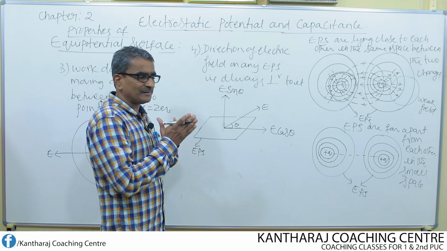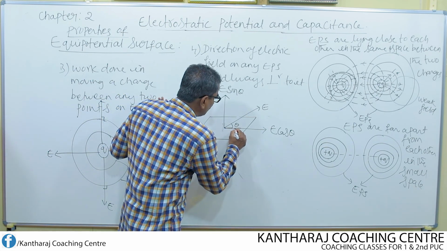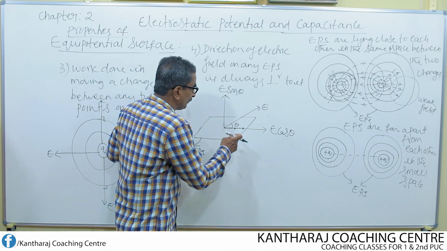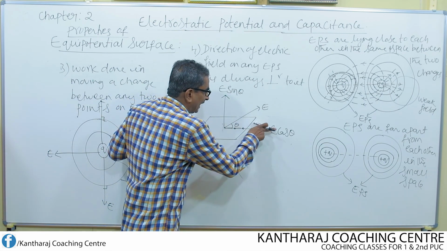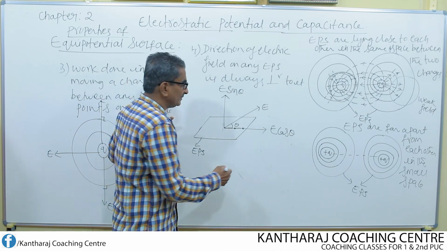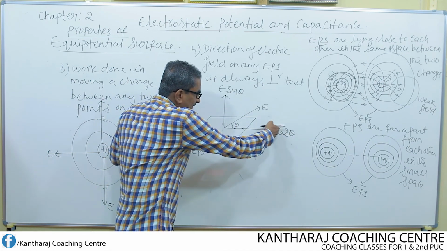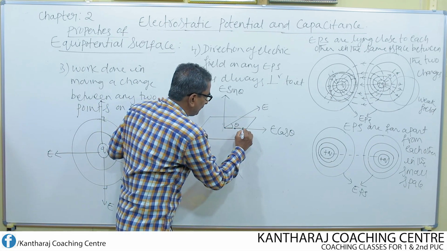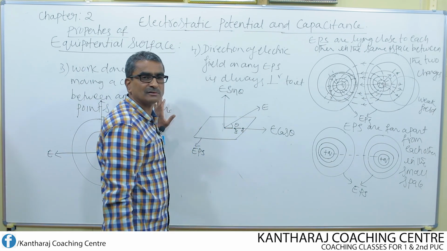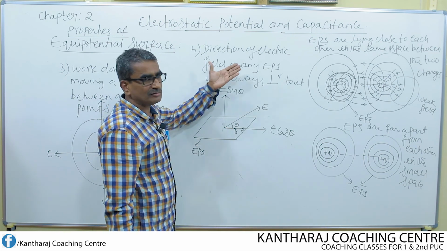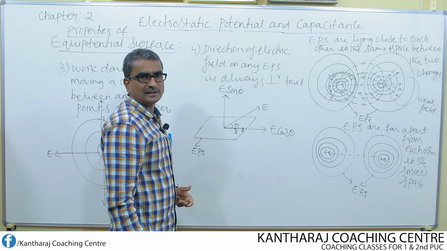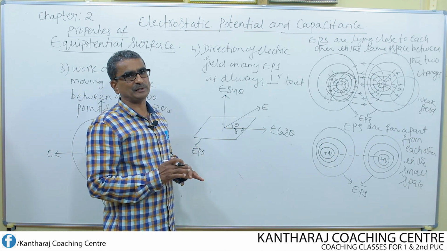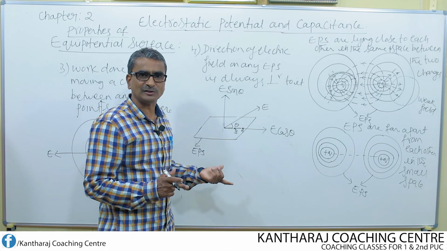If that is the case, then if I want to move a charge from one point to another against this component, that means I have to move the charge opposite to this E cos theta component between point A and point B. What is the work done? We just verified that the work done to move a charge on any equipotential surface between two points is always equal to 0.